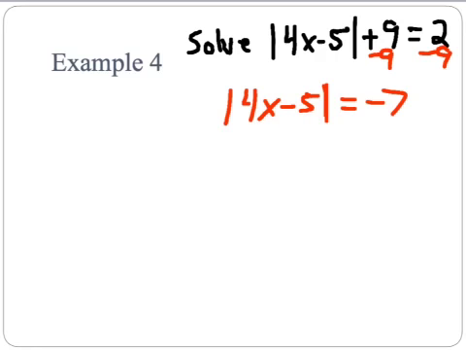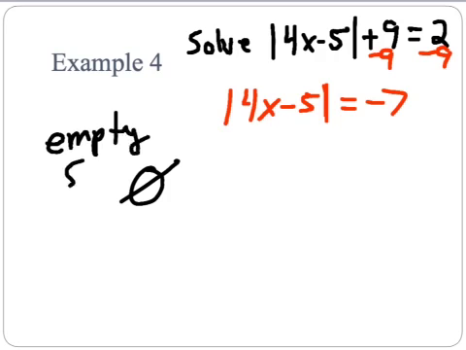So the answer to this question is, we just say it's an empty set. This just means there's no answer, there are no solutions to it.